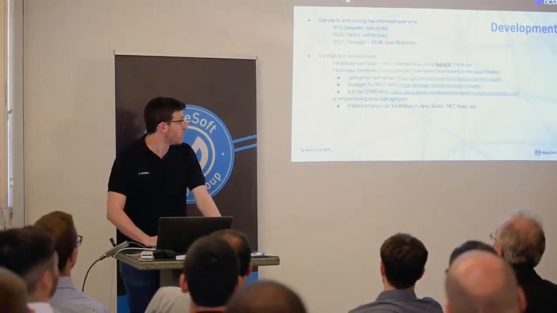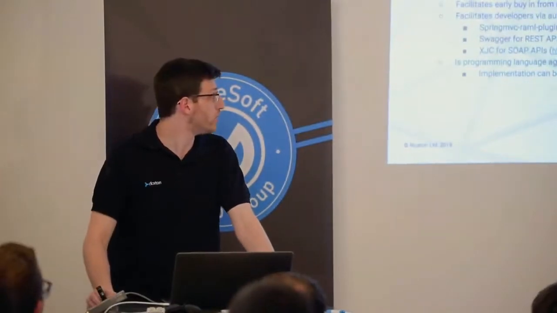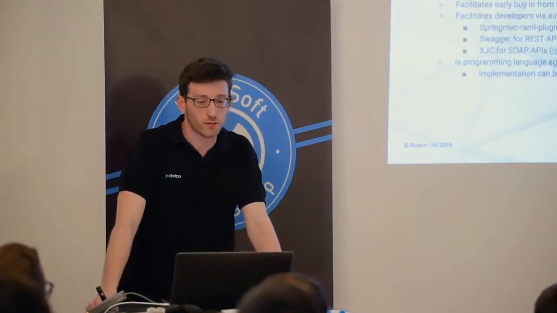These specification types define how your API is going to behave at the resource and also at the endpoint level. Now, these two types of API formats tend to support contract-first development.